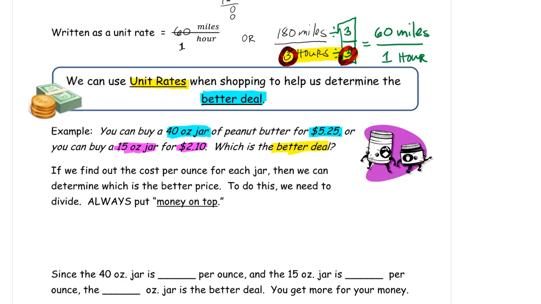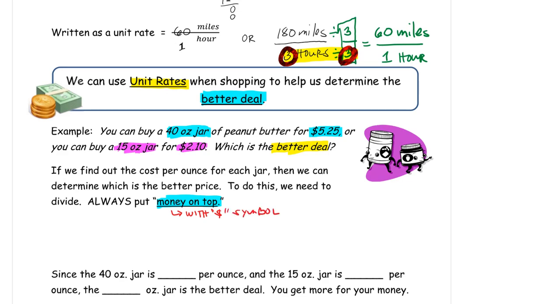If we find out the cost per ounce for each jar, then we can determine which is the better price. To do this, we need to divide, but you need to remember that we always put our money on top. How do we know that one? With the dollar symbol.